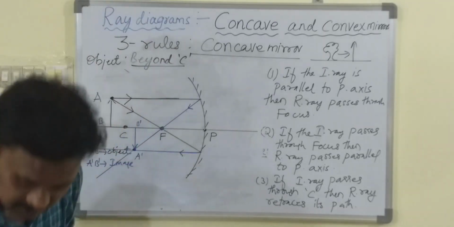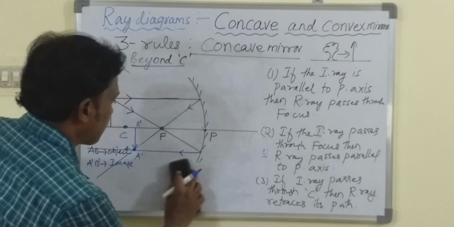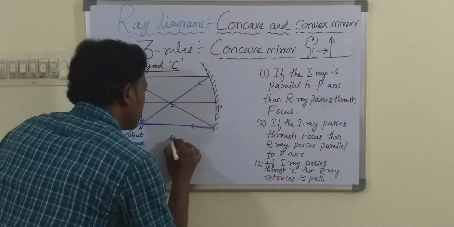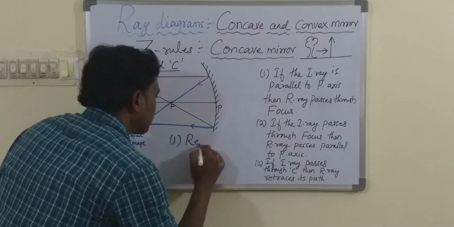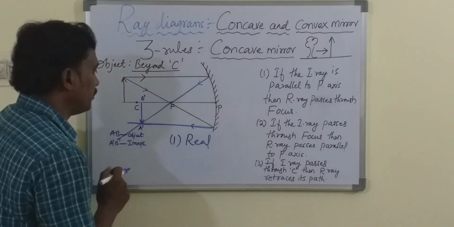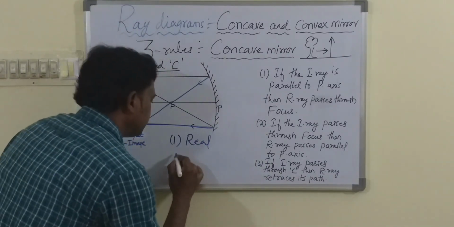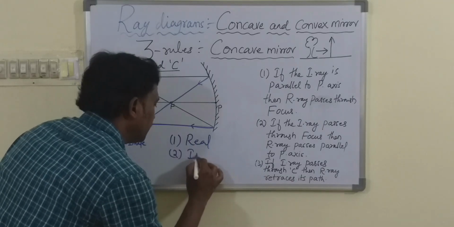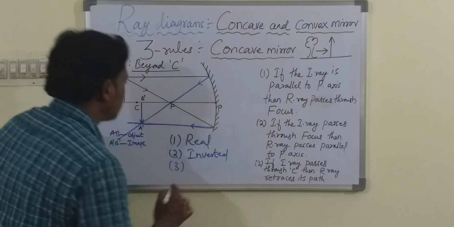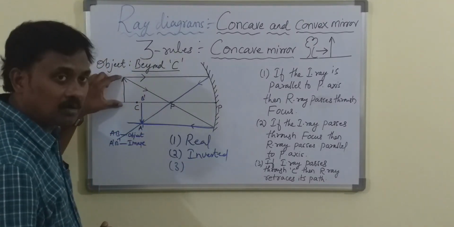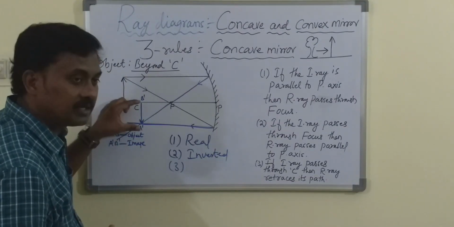Now let me write the characteristic features. So the first point is the image is real, and you can see that it is inverted. And look at the size. The size of the object is greater than the size of the image.